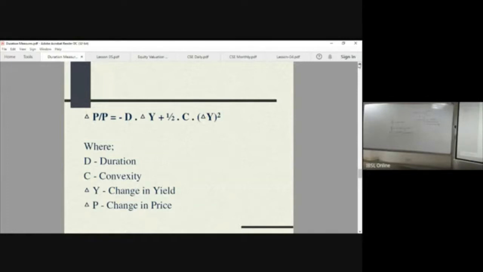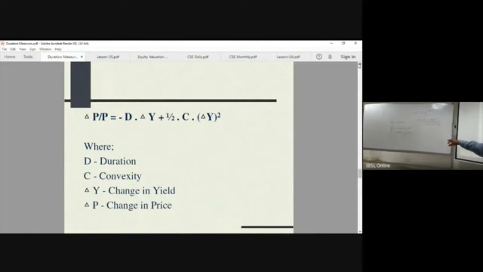What are you going to do now? We already calculated that, it is 2.653 into delta y. Delta y is what? 0.03, because it's 3%, into P. P is the price of the bond, 94 point something, no?